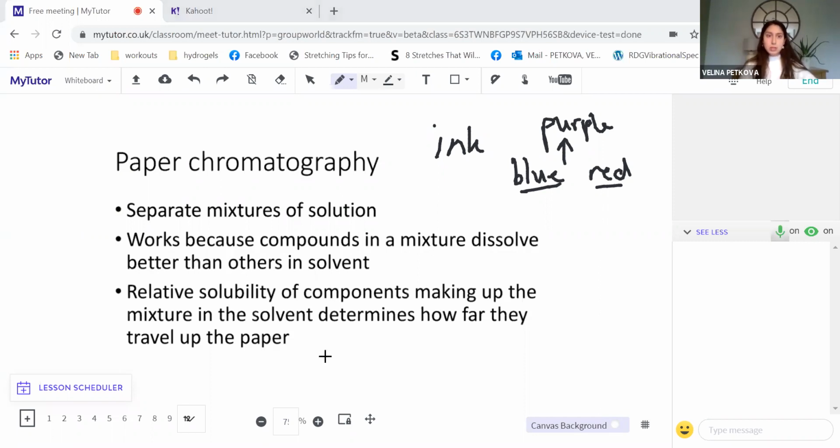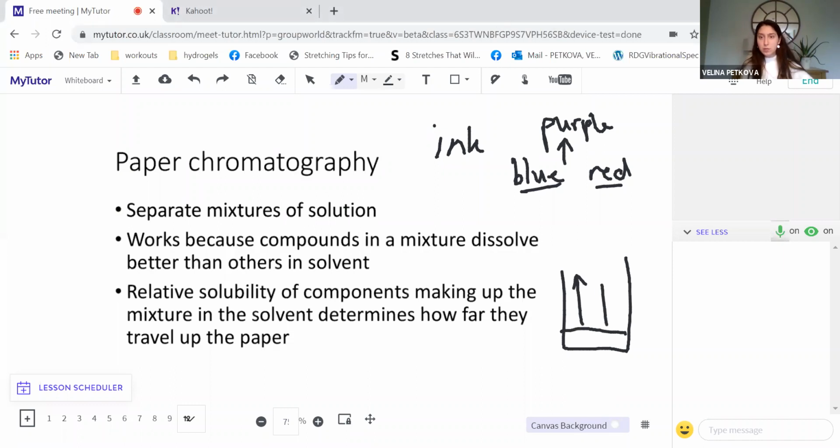So how do we do this? It works because some compounds in the mixture dissolve better than others in the solvent. The relative solubility of the components making up the mixture in the solvent determines how far they travel up the paper. So the more soluble a substance is, the higher it travels up the paper.